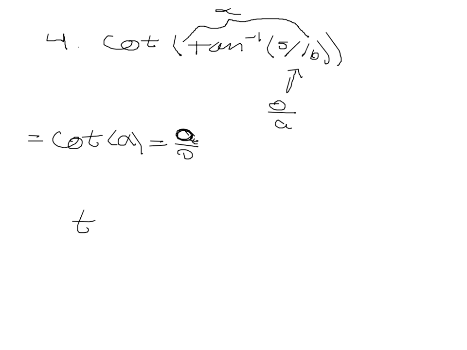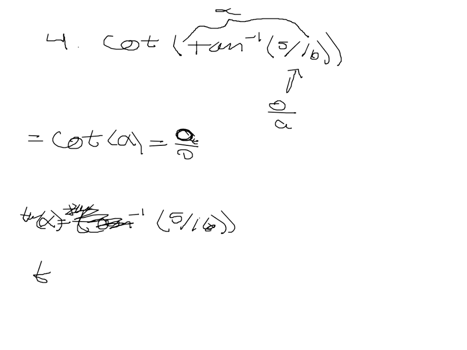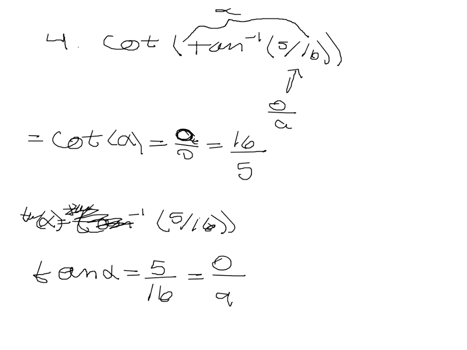So tangent alpha equals tangent inverse of 5/16. I'm going to apply tangent to both sides. And what happens, the tangent and the inverse tangent cancel out, so I get tangent alpha equals 5/16, which is opposite over adjacent. And what I need is adjacent over opposite, so I take this fraction and I flip it. There we go.